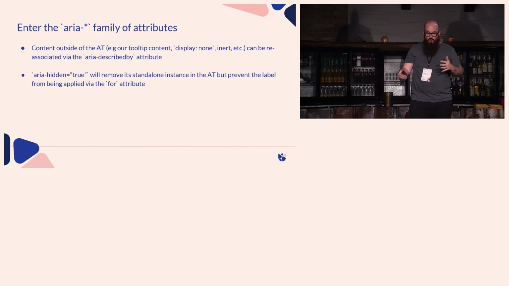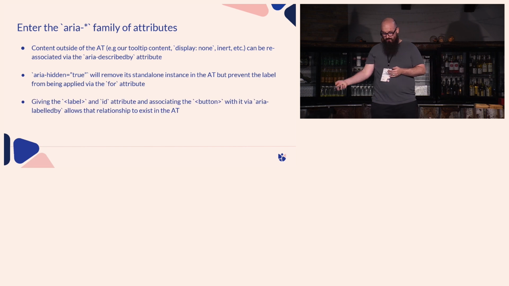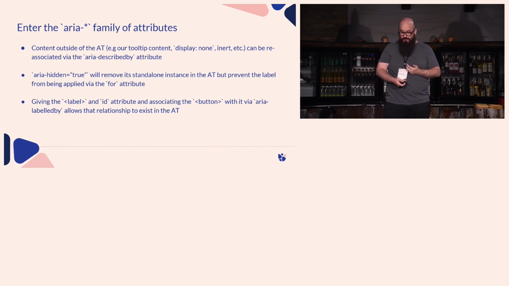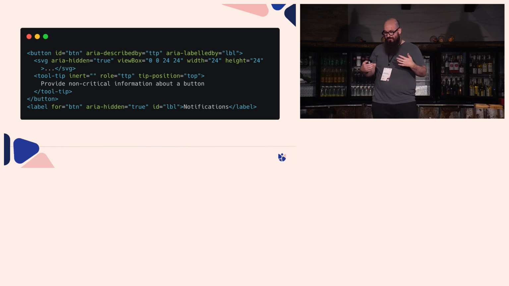And then we can look at how ARIA hidden equals true will take something out of the accessibility tree. And then when you pair that with an ID, you can then reassociate label content via the ARIA labeled by attribute to get a slightly more pleasing accessibility tree.